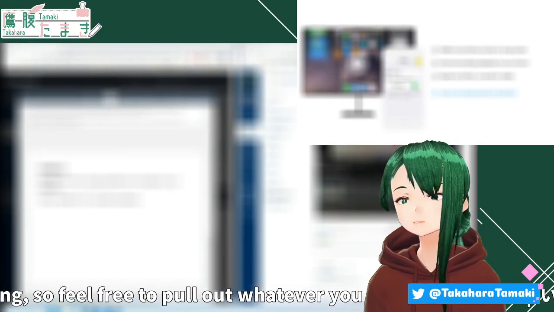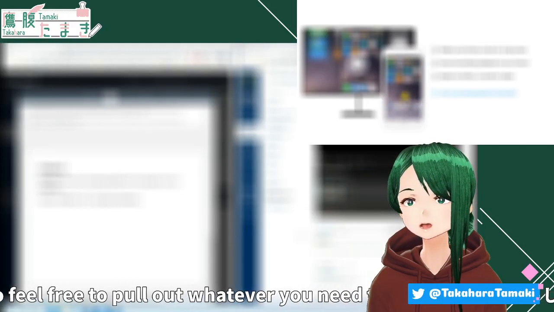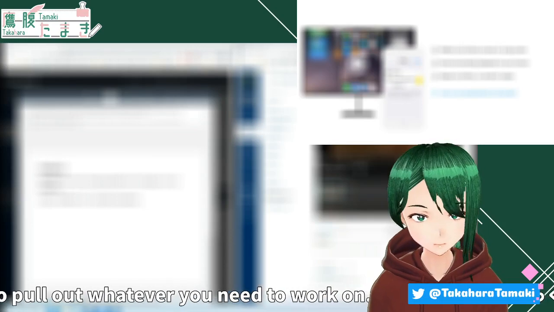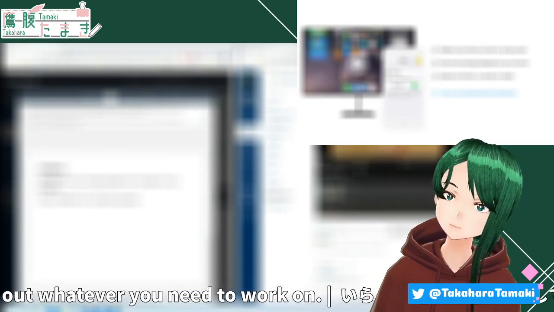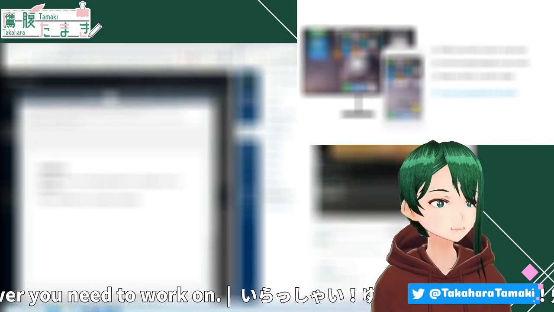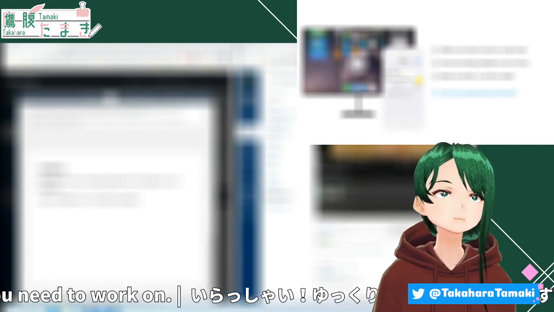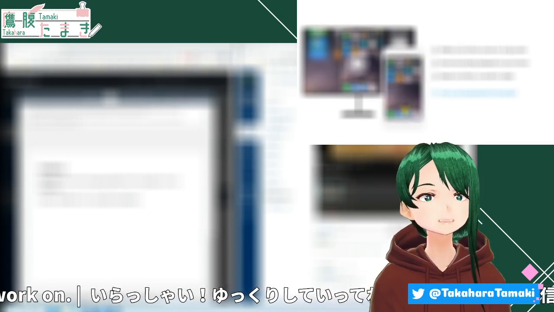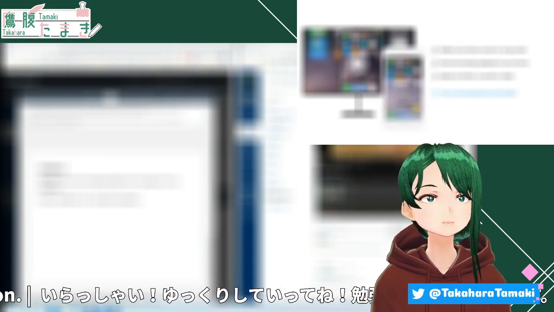So let's get back to work. Oh, wow, that's a lot of lag. Why am I lagging? Guess we should start by closing some tabs.